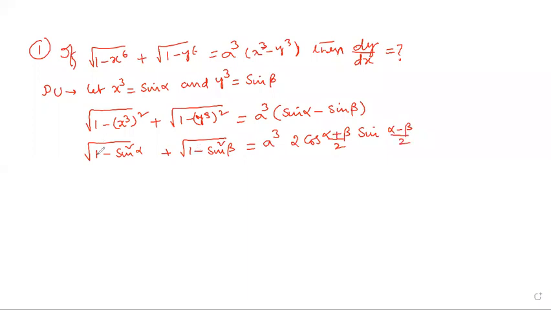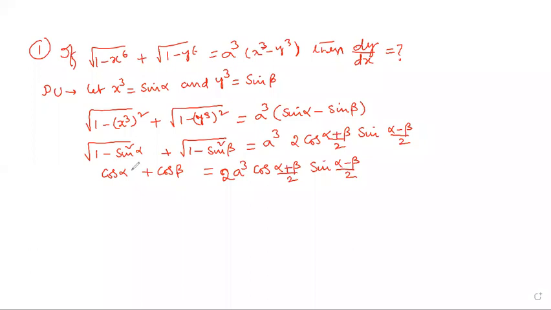Right, here this is cos alpha plus cos beta is equal to a cube, 2 cos of alpha plus beta by 2 sine of alpha minus beta by 2.